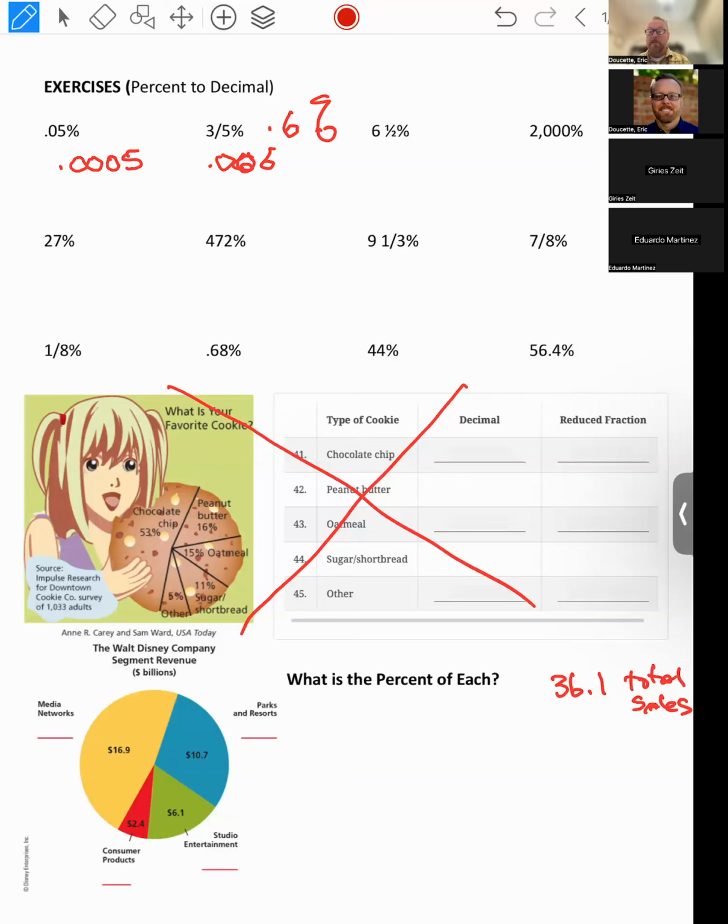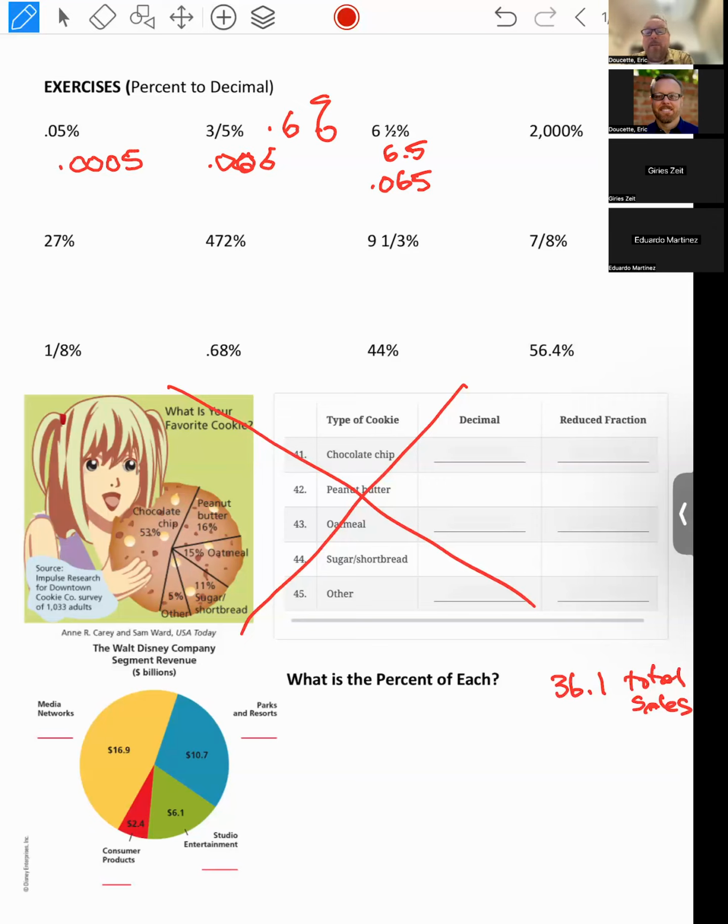So how about 6.5? Eduardo, you want to give that a shot? 0.0625. Actually, it would be 0.065. Sorry about that. I for some reason put the original one as 6.25 instead of 6.5.